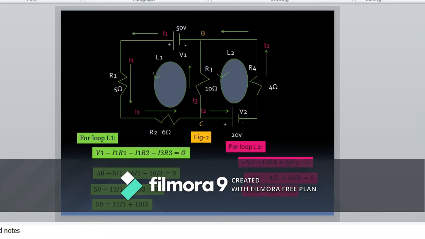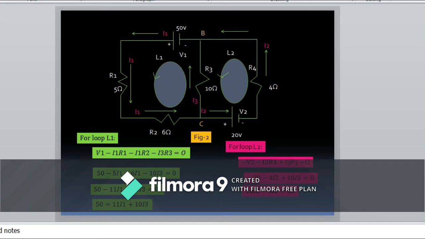Let us illustrate Kirchhoff's voltage rule to find current at various branches of the given circuit as shown in figure 2. Here I assign anti-clockwise direction for loops L1 and L2.